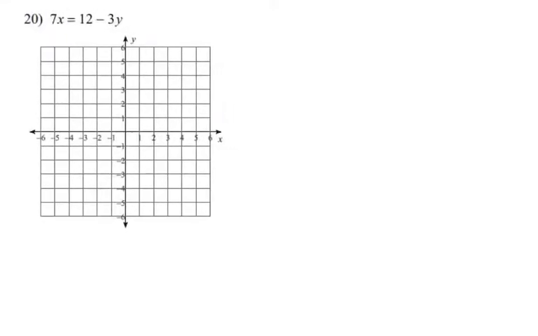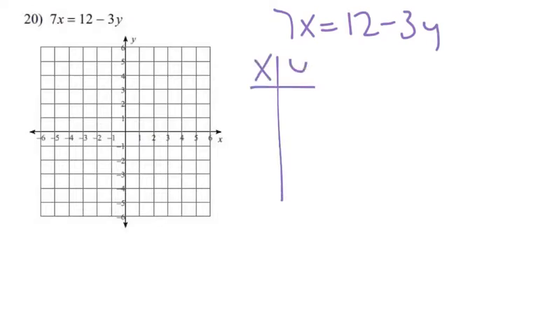Now with number 20, we've got 7x equals 12 minus 3y. We can do the same stuff. It doesn't really matter which one we choose to do. Just for the purposes of showing you one more table, I'll do a table since we've done a lot of the other ones. So I'd make my table, x and y.